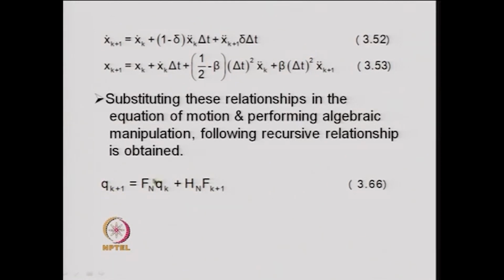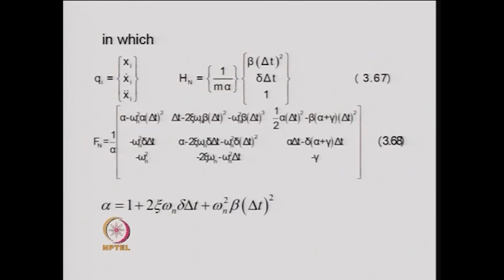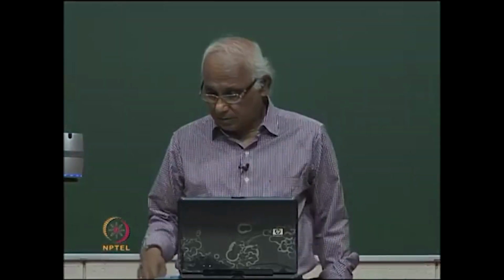Again this is in the recursive form, and this recursive equation provides you all three responses at a particular time station with the help of the responses at the previous time station. And the f n matrix and the h n matrix are given over here. The alpha turns out to be this quantity.